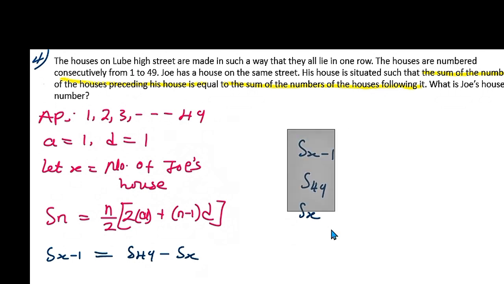Okay, so now we are going to work with this expression. Substitute all this into the given expression, right?